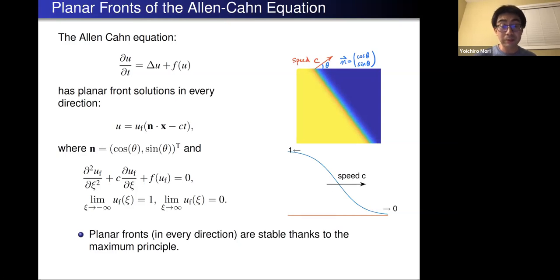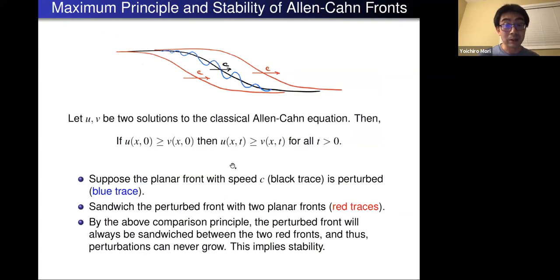All of these planar fronts are stable thanks to the maximum principle satisfied by the Allen-Cahn equation. Therefore you can sandwich any perturbation of the front between a front propagating ahead and one behind, by the comparison principle.